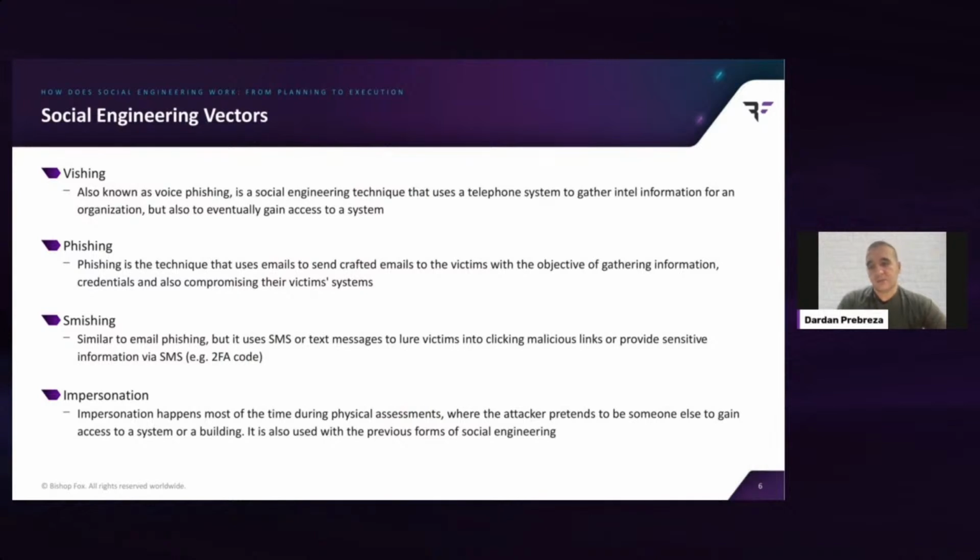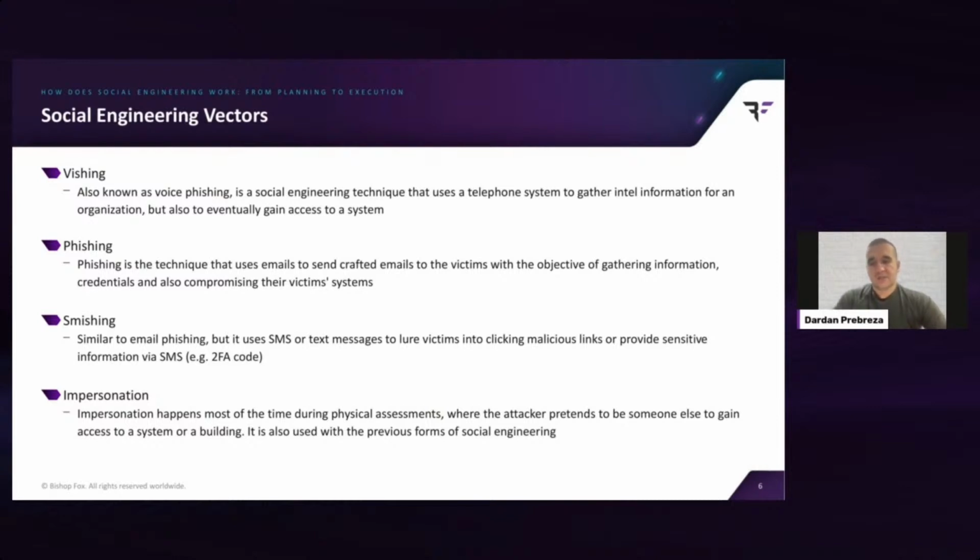The most common social engineering vectors are vishing, also known as voice phishing, which is a social engineering technique that uses the telephone system to gather intel information from an organization, but also to eventually gain access to a system.